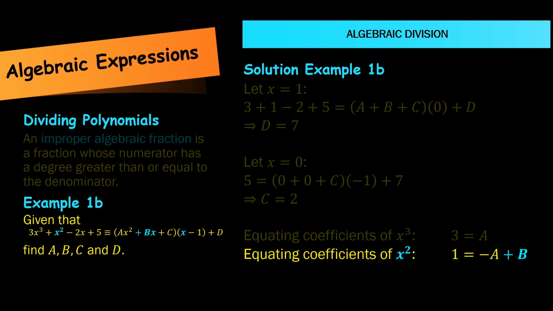So the coefficient of x squared on the right-hand side is minus a plus b. And plugging in a equals 3 gives us that b equals 4.